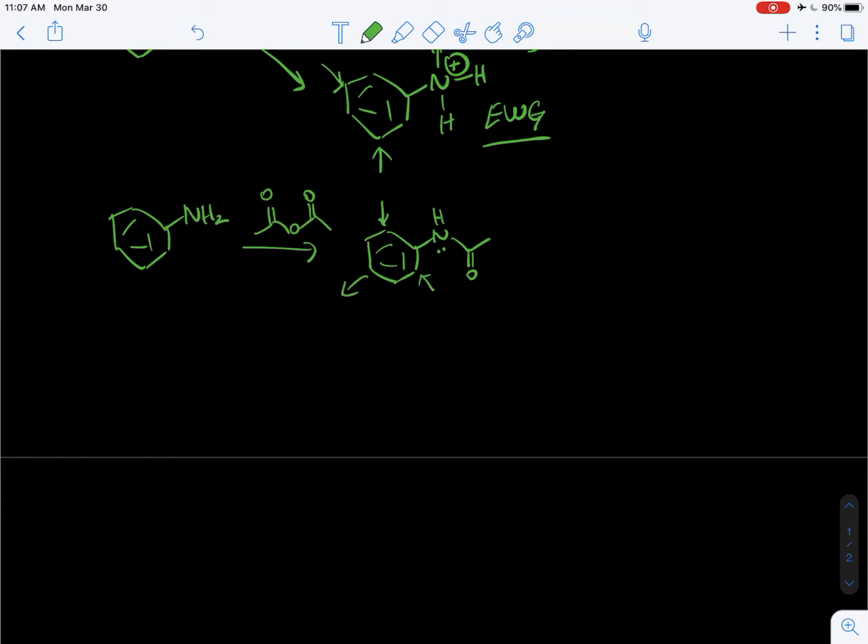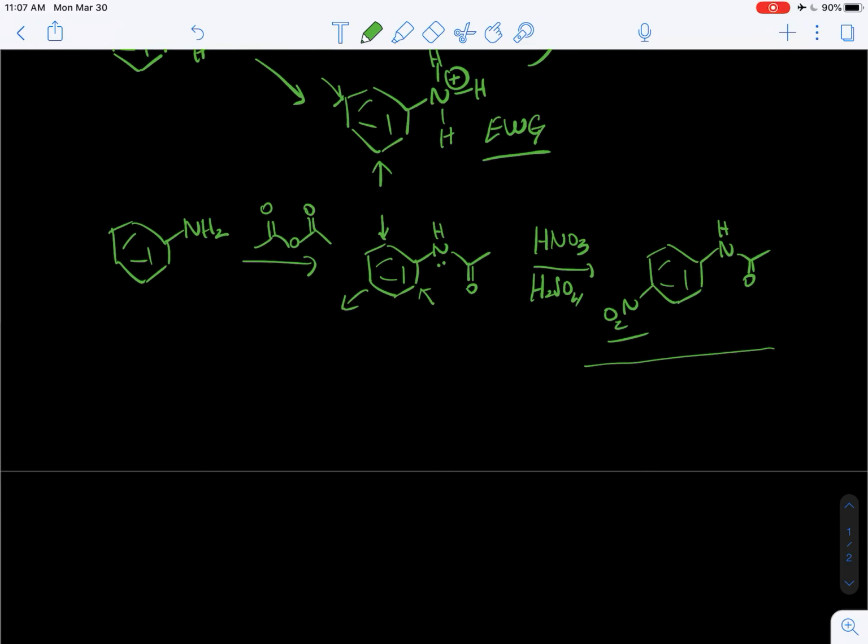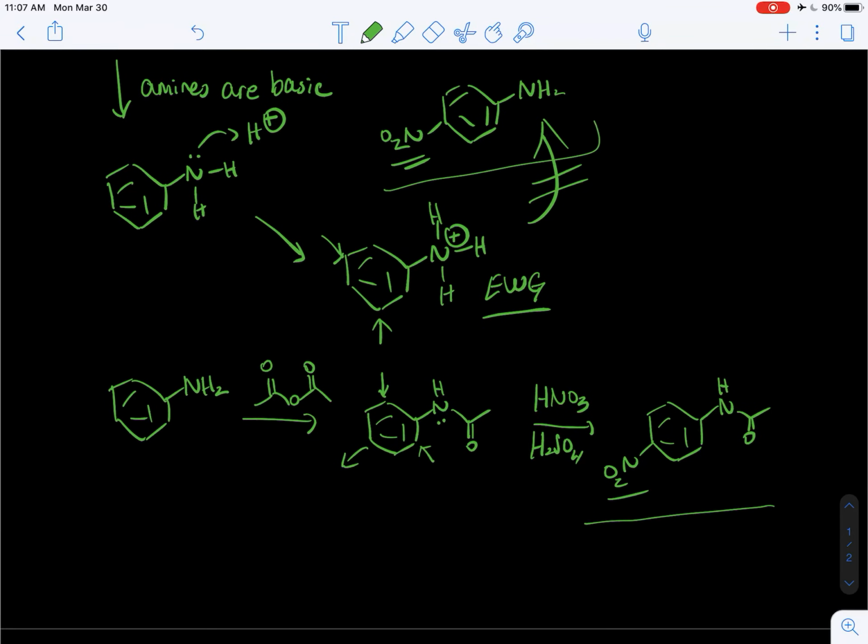And what we can do is treat this with nitric acid, sulfuric acid, and that would, for example, if we want the para, give us para-nitro acetamide, phenyl acetamide. So that right there is not quite what we want, right? We want this molecule up here.